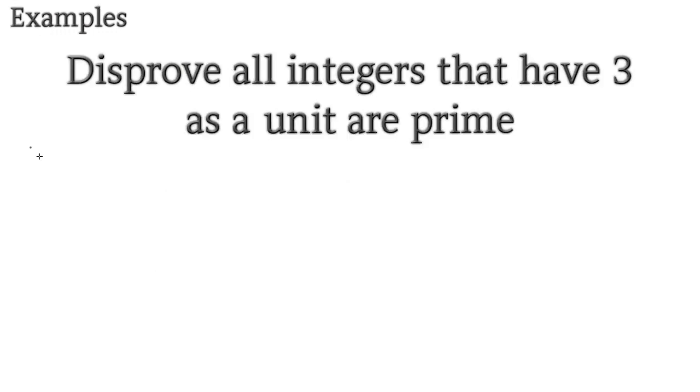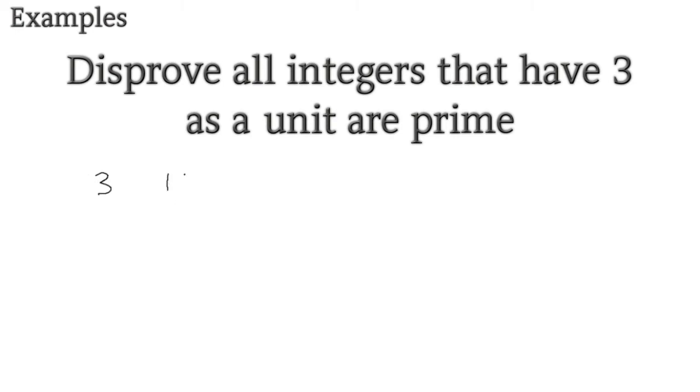Second example: disprove that all integers that have 3 as a unit digit are prime. In this case, we can use a counterexample, because if you count far enough, there will definitely be a number with a 3 on its end that is not prime. So let's first list every number from the smallest one up. Let's have 3, because 3 is a single digit integer.